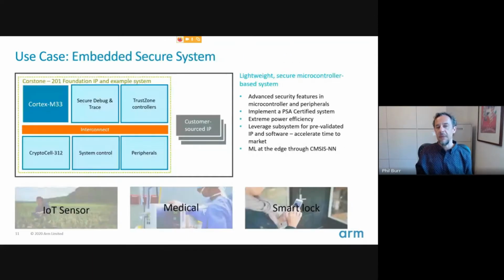And then at the other end of the spectrum, we have the Cortex M33. This is a small real-time processor. It could be used in small IoT devices, it could be for a sensor or a medical device or a smart lock.